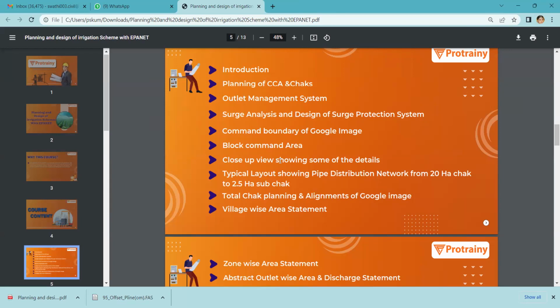How did you plan for the CCA, the chalk command area? Chalk is nothing but our surveying area distributed into a number of parts, and that is called the chalks.